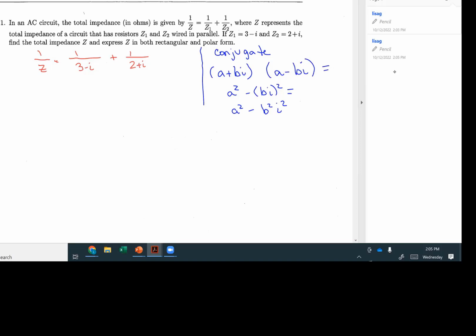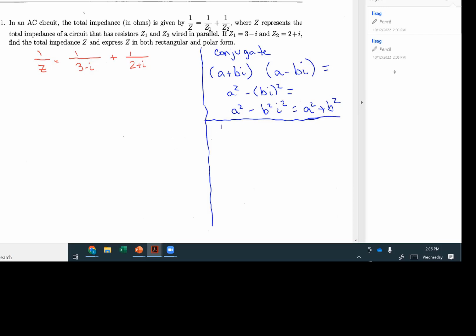And again, if you haven't watched the video on complex numbers, I highly recommend it. I squared equals -1, so this is really the same as A squared plus B squared. That's important because I've multiplied by the conjugate and gotten something that no longer has any imaginary part to it. We're going to have to do this quite a few times.